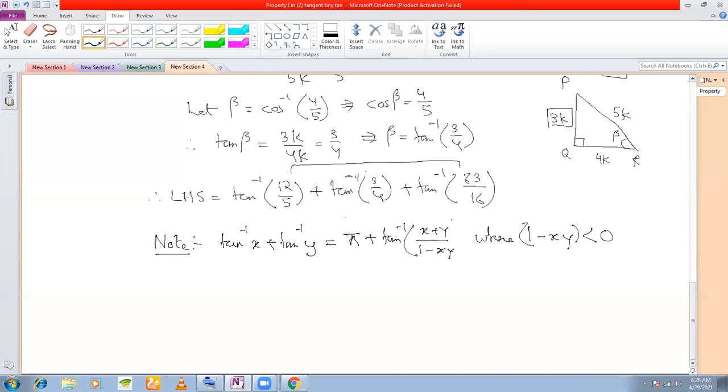Actually, this is not in your syllabus. You're not expected to use this. But since in this problem somehow they have given this, I don't know why, we'll skip this problem, though you know the method how to do it.